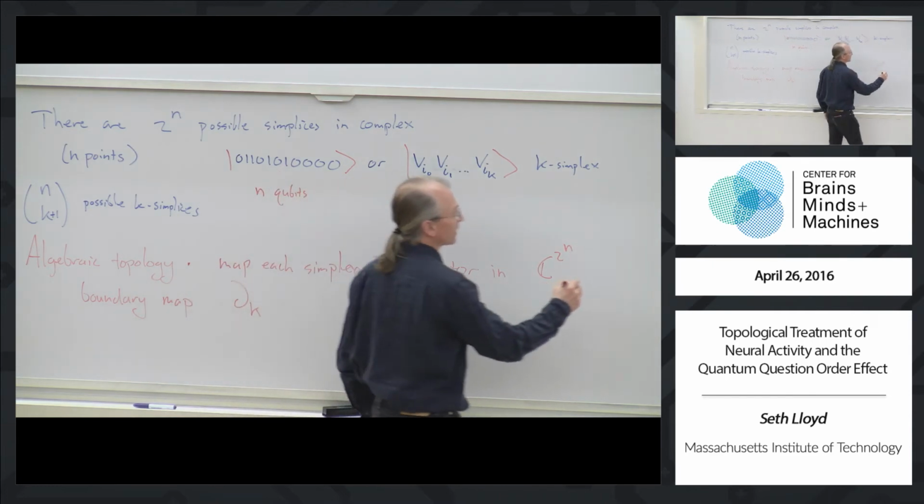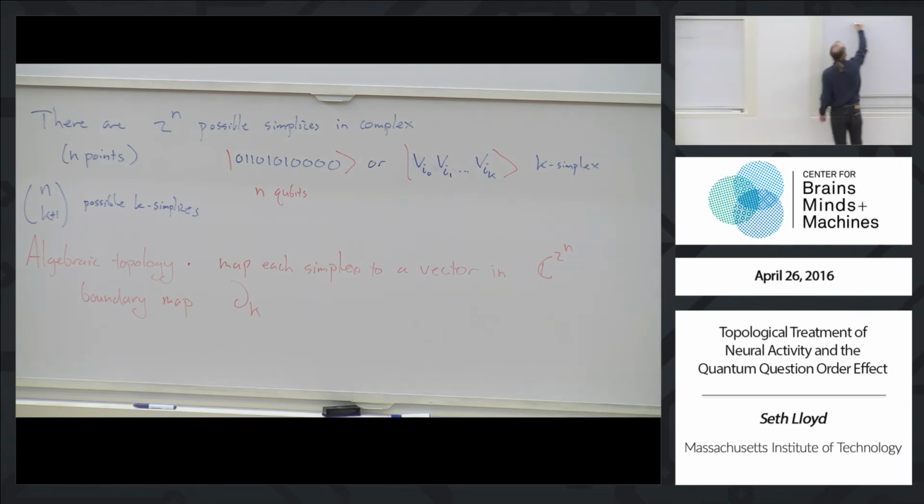So for instance, let's do it like this. Here's 1, 2, 3, 4, 5, 6. Here's a simplex 1, 2, 3. And here's a hole, right?